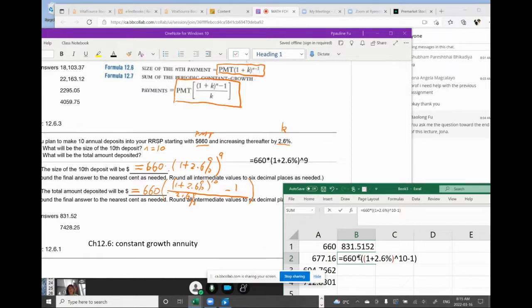Closing bracket, and then over 2.6%. So I press enter. The answer is $7,428.25.